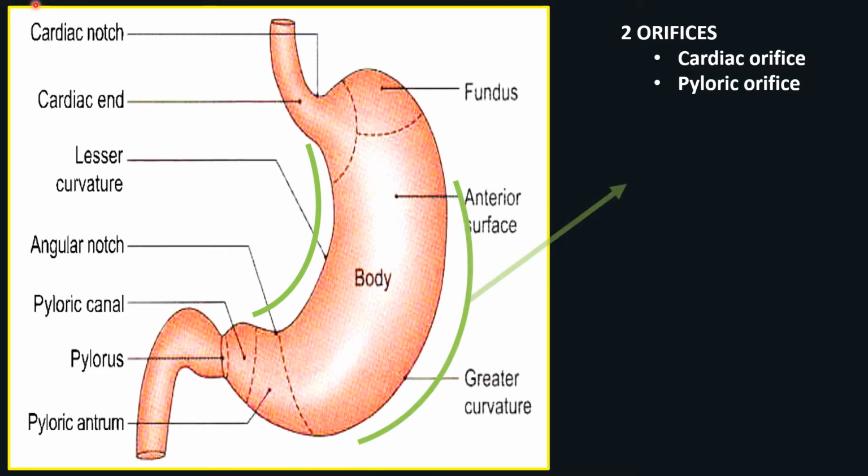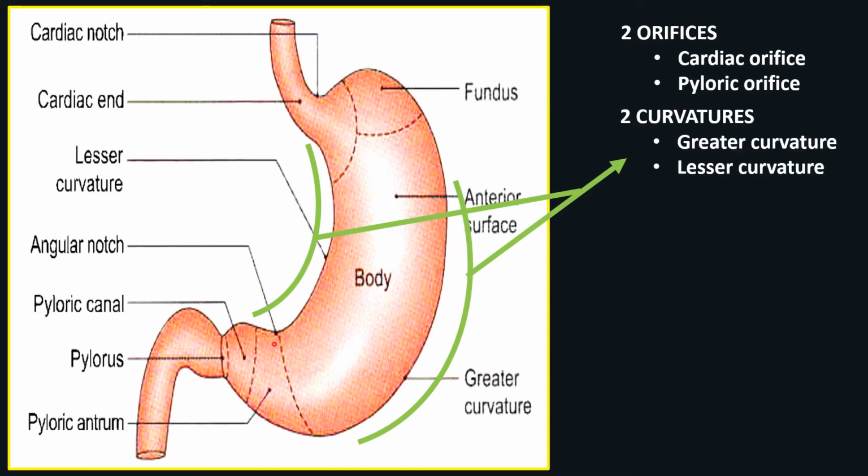Next is curvatures. Like orifice, stomach has two curvatures. One is called the lesser curvature and the other one is called the greater curvature. Curvature means the border. So this one is the greater border. This is called greater curvature or greater border, and this is the smaller one compared to the greater one.